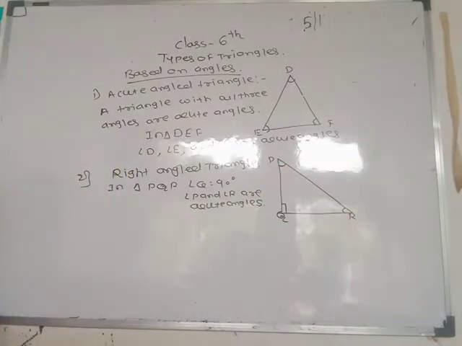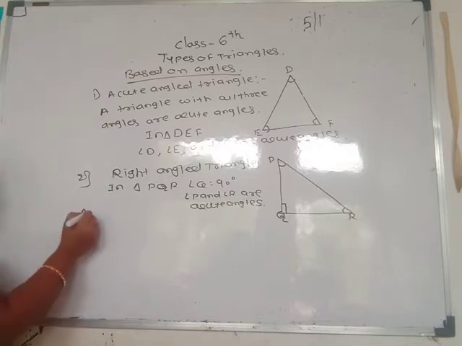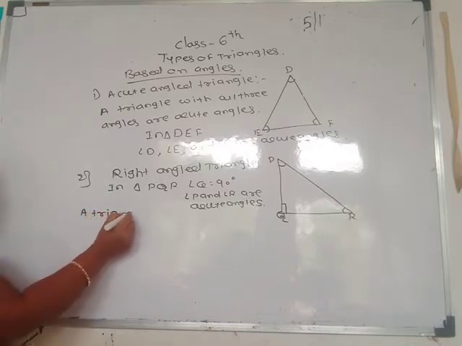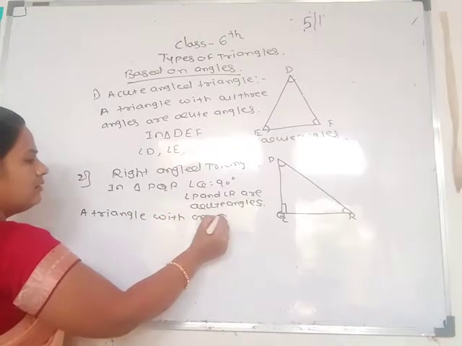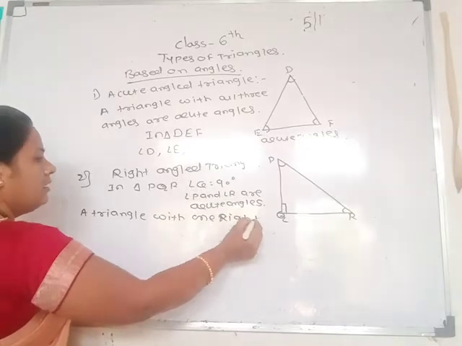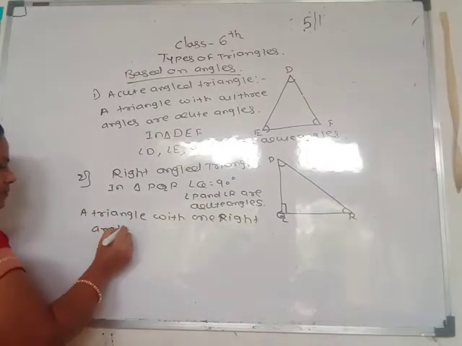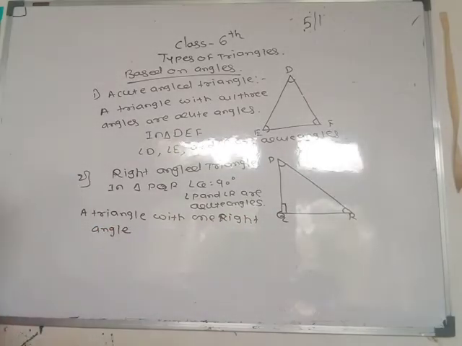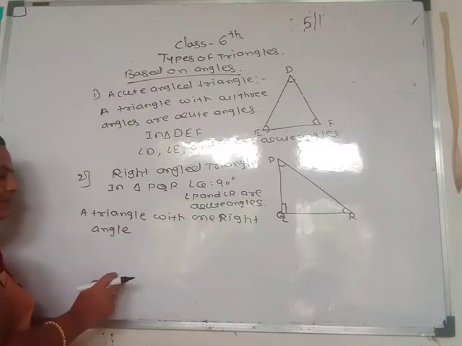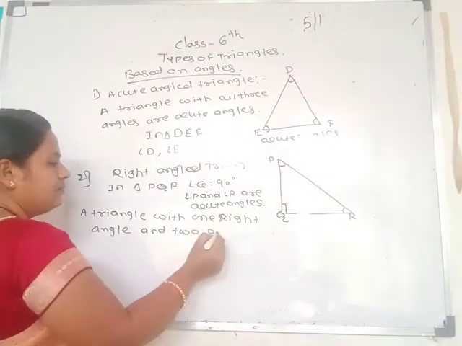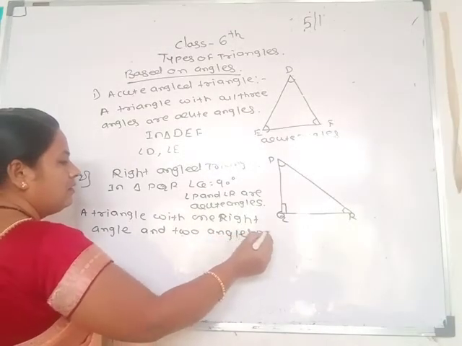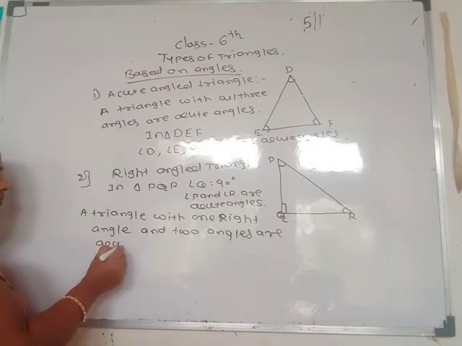Right angled triangle definition: a triangle with one right angle and two acute angles.